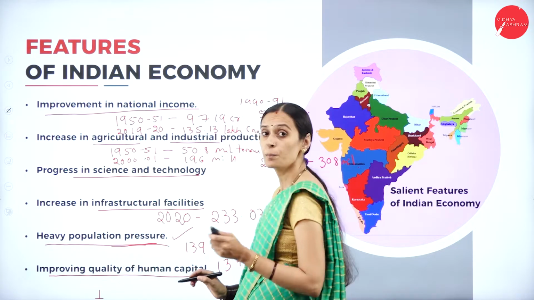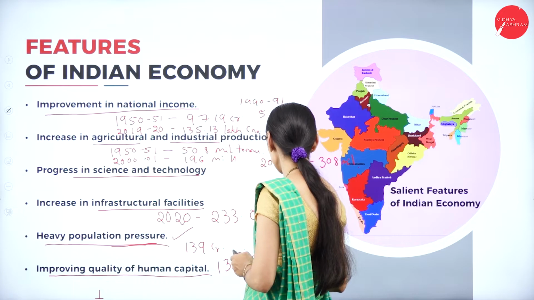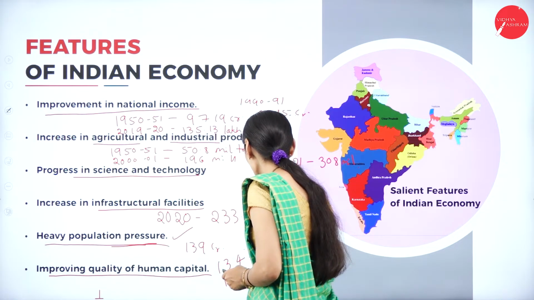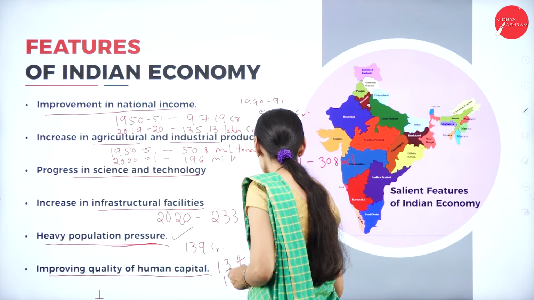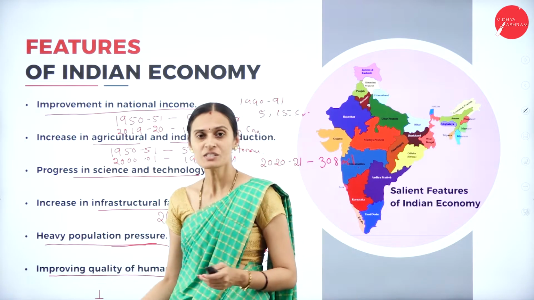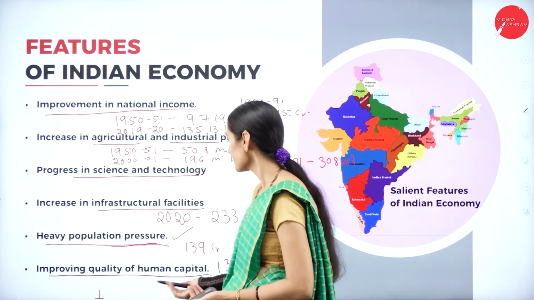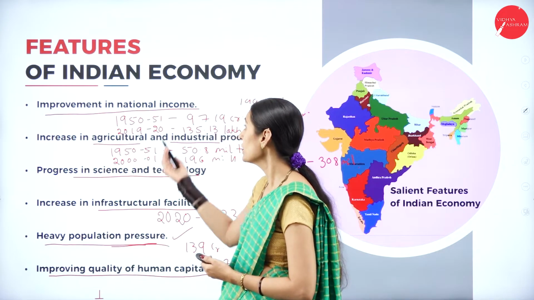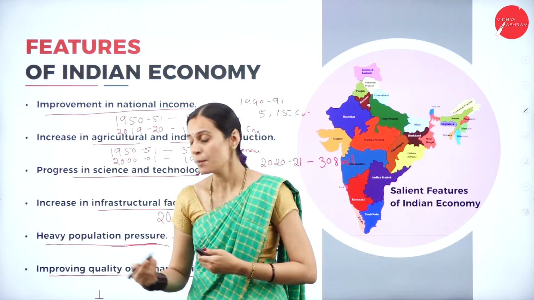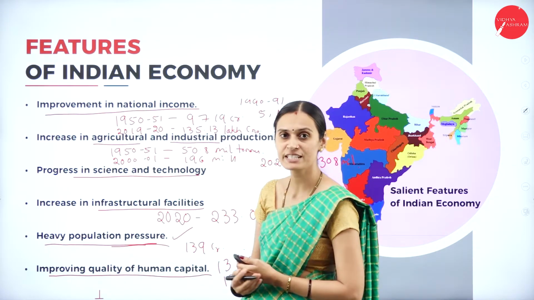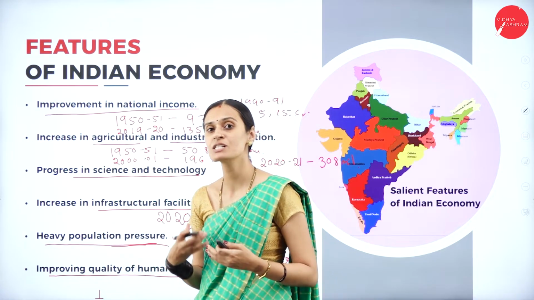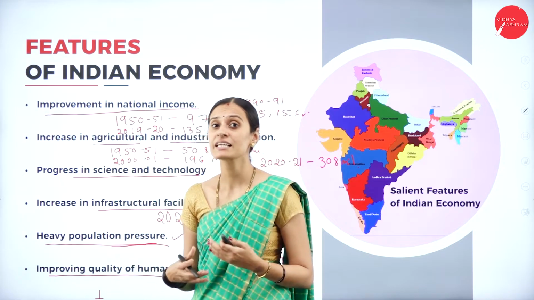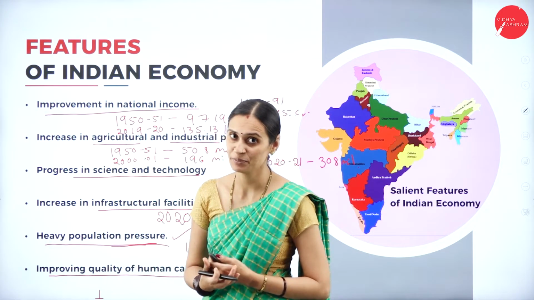134th position before 2012. At present, we are in 131st position according to 2020. So we are improving our standard of living and infrastructural facilities through improvements in per capita income. An educated person or a healthy person can earn more than a sick person.